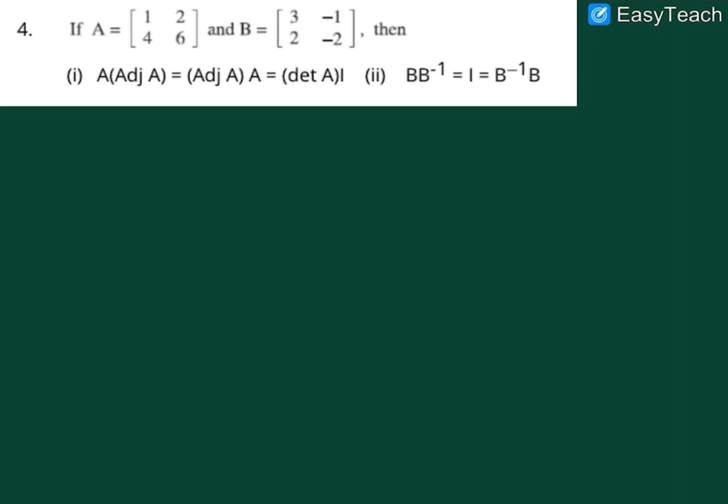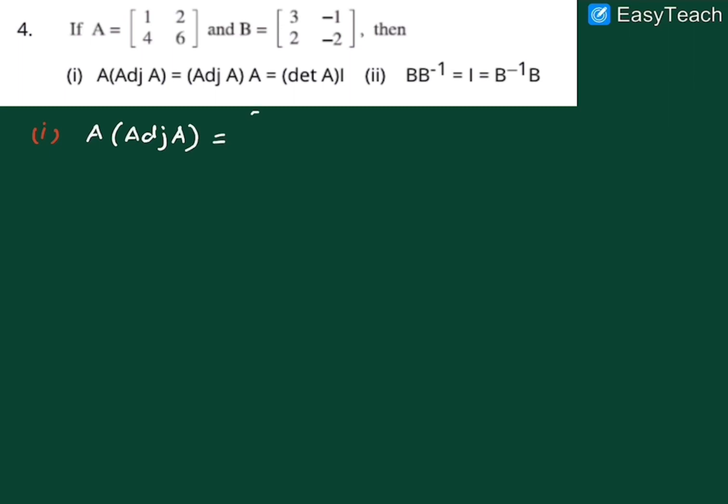In this question, we need to prove that A times adjoint of A is equal to adjoint of A times A is equal to determinant into identity matrix. All three are equal. So let's take first one, which says that A into adjoint of A. We need to multiply both.